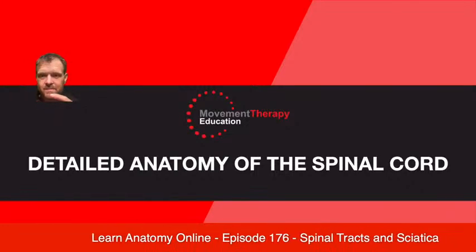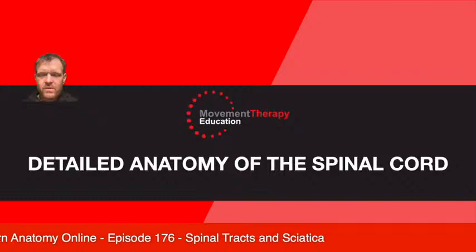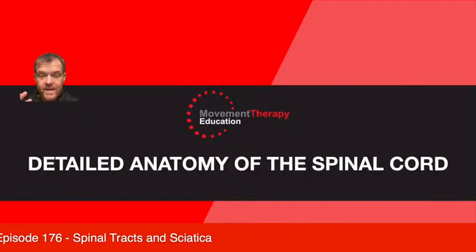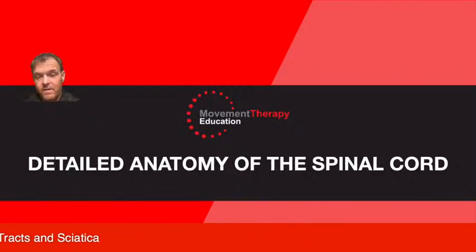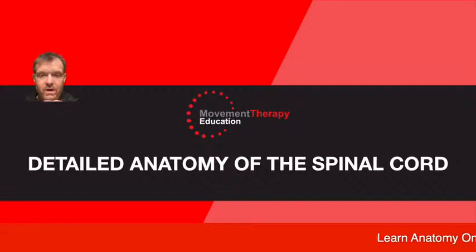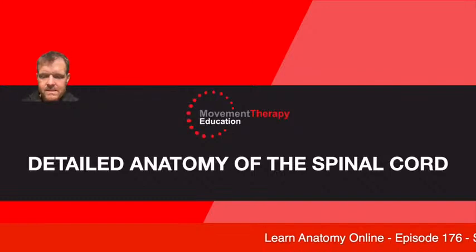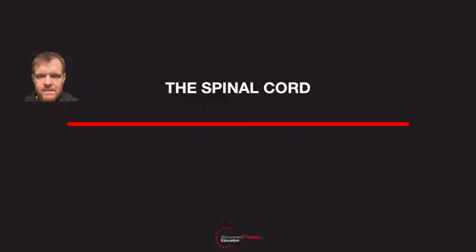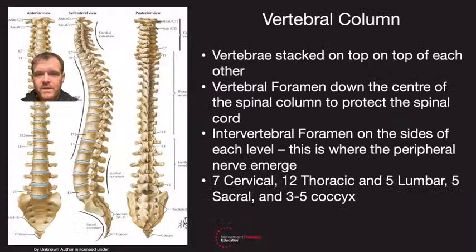I will intersperse it with some of the video so that you can see the anatomy that I'm trying to describe on the slides, and see it in real life as well. So that is the plan. Okay, so here we go.